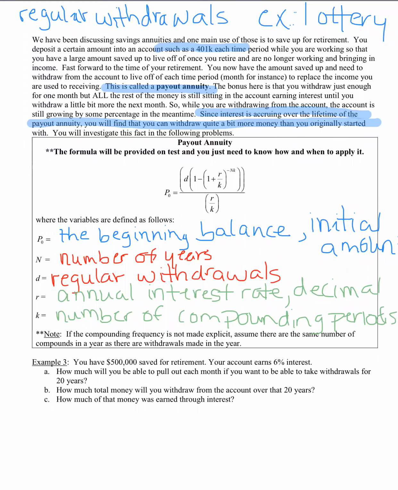So you still have the same idea as before. If the compounding frequency is not made explicit, assume it's the same as the number of withdrawals. So if you're withdrawing monthly, you're compounding monthly as well. Okay, I'm going to clear the screen, so pause me if you need to.